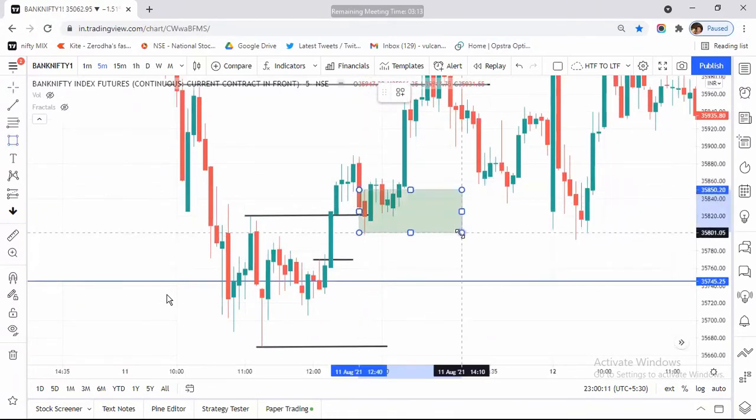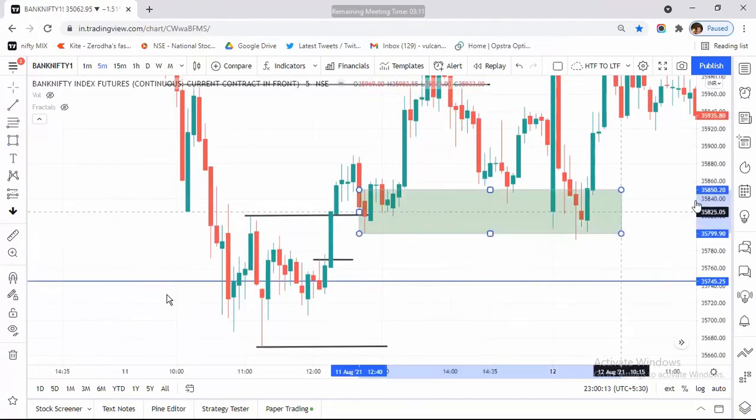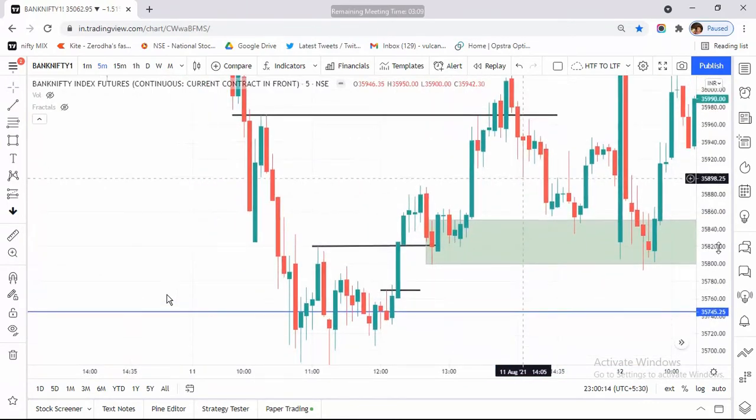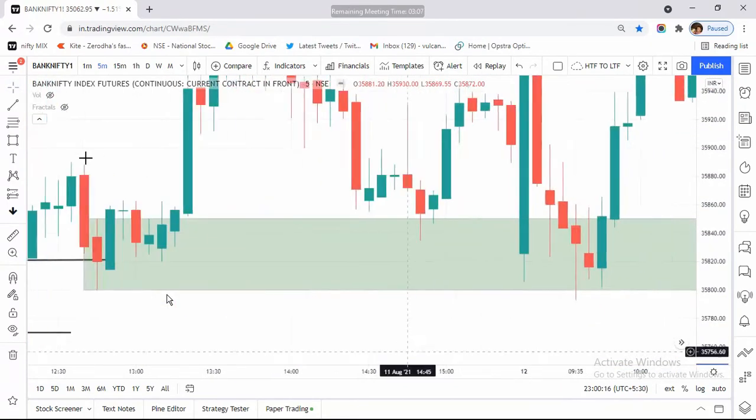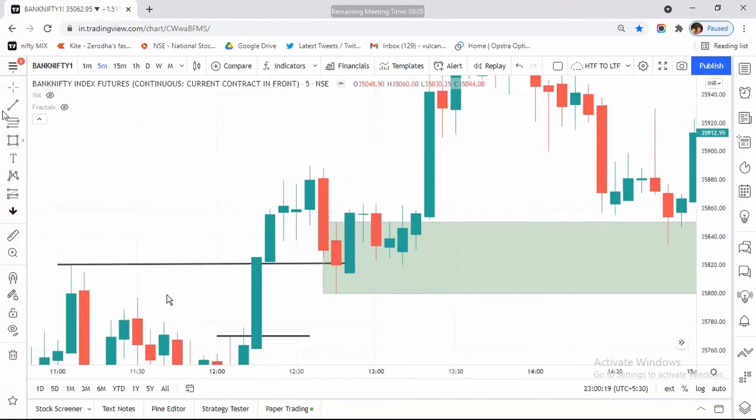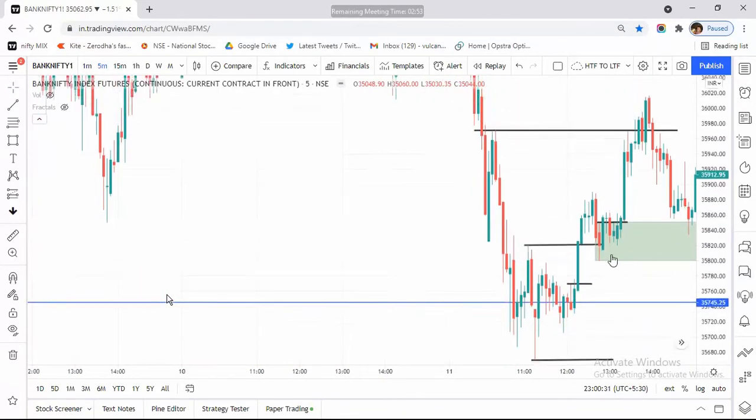Can you see if this is an order block or not? What I say is that I will not buy the market if I do not see the candle high broken. Here it is broken with this green candle and again comes back. Now this is your entry.